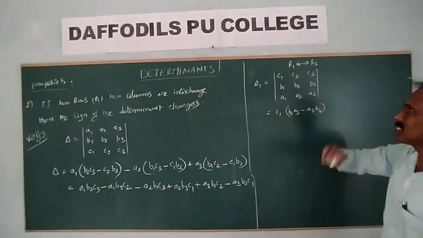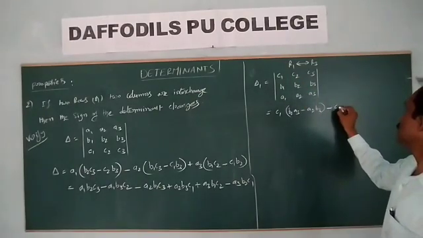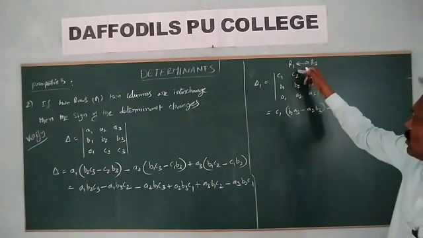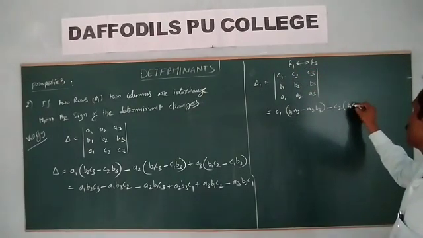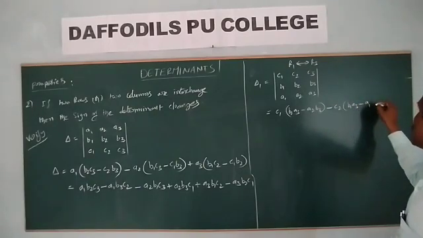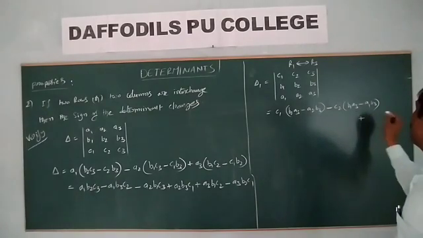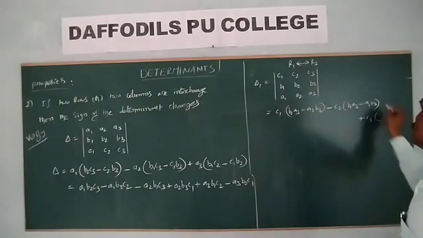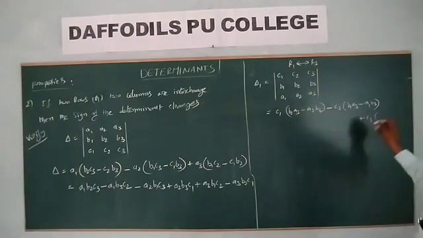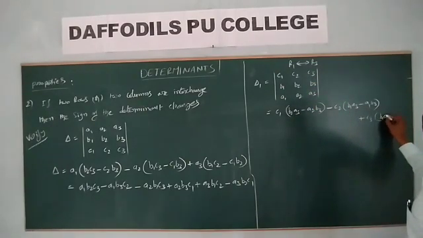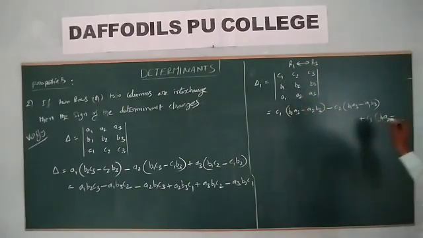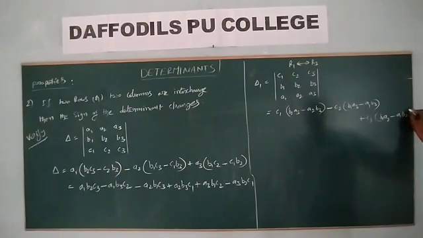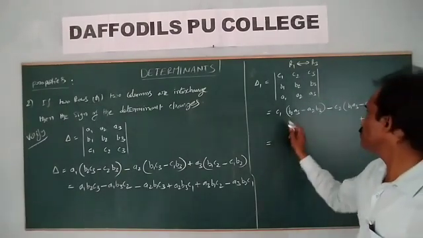Next minus C2 of deleting this column and this row: B1 A3 minus A1 B3, plus C3 of deleting this row and this column: B1 A2 minus A1 B2. Okay, expand.